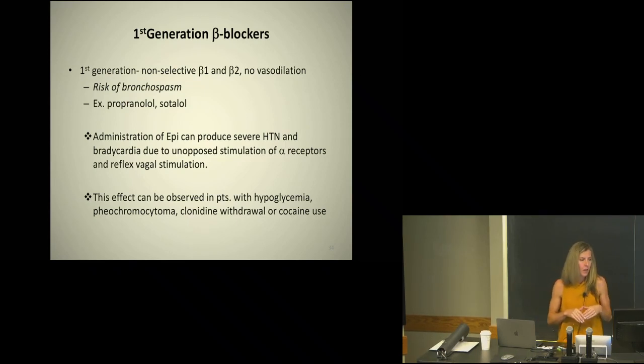One of the other differences I wanted to go through is the different generations of beta blockers, and I talked a little bit about the first generation of beta blockers that came out, and discussed what to do if the patient's on a beta blocker and comes in and says their blood pressure is lowered and you want to increase it.